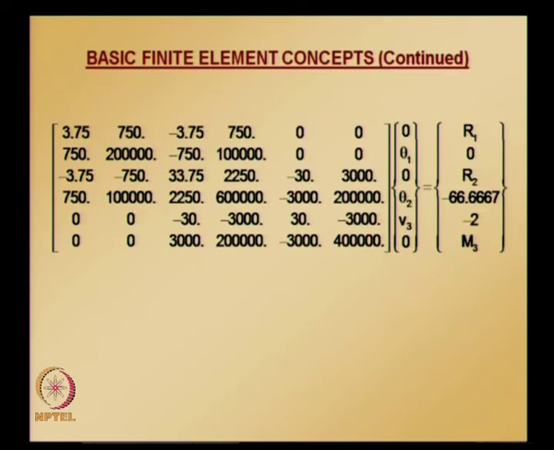Now, as usual, eliminating the rows and columns corresponding to the degrees of freedom which are 0, we get the reduced equation system, using which we can solve for theta 1, theta 2 and V3.